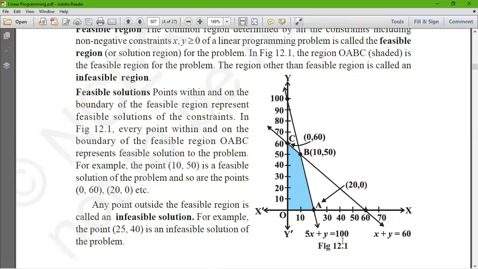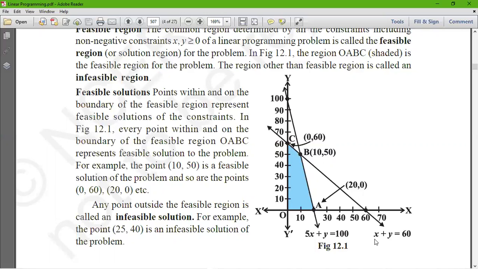Then 100 divided by 5 is 20, so we get x by 20 plus y by 100 equals 1. In the x-axis we move 20, in the y-axis we move 100, and joining these 2 points, we draw a line. This line is 5x plus y equals 100.